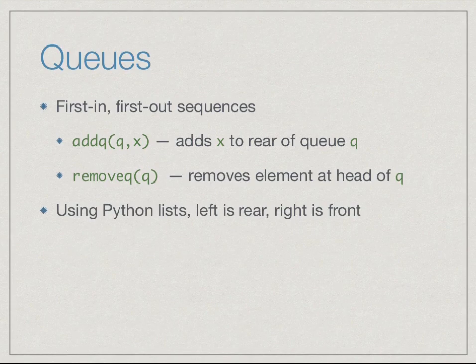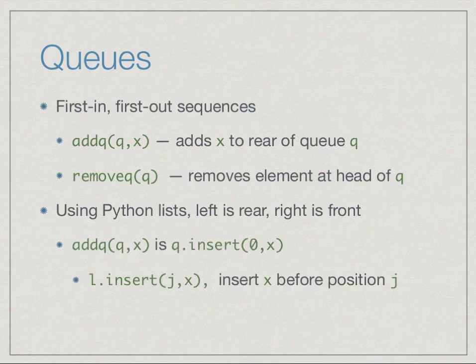Once again, we can use Python lists, and it turns out that it's convenient to assume that a list that represents a queue has its rear at the left and the head at the right. This is because we can use pop as before, but now when we want to insert into a queue, we can use the insert function that is provided with lists. We haven't seen this explicitly, but if you have gone through the documentation, you will find it.